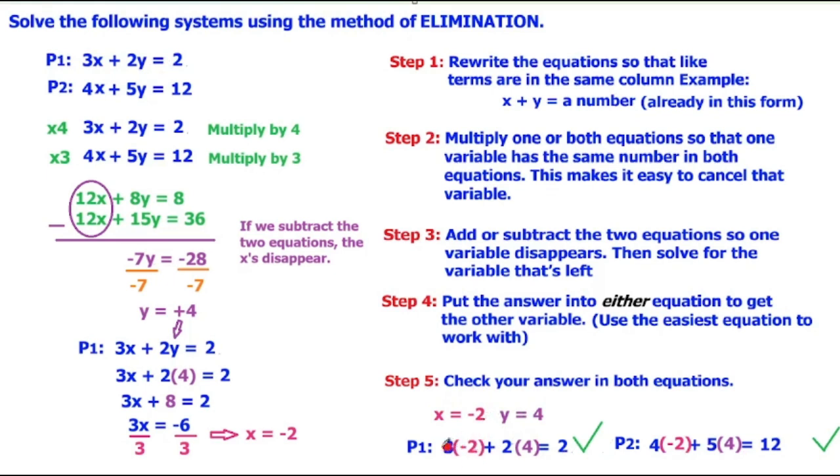So we put in negative 2 for x and 4 for y in both of these. And we can see that 3 times negative 2 is negative 6 plus 8 is 2. So that works out. Negative 4 times negative 2 is negative 8, plus 20 gives us 12, and we know that works out. So we know we've done it correctly.